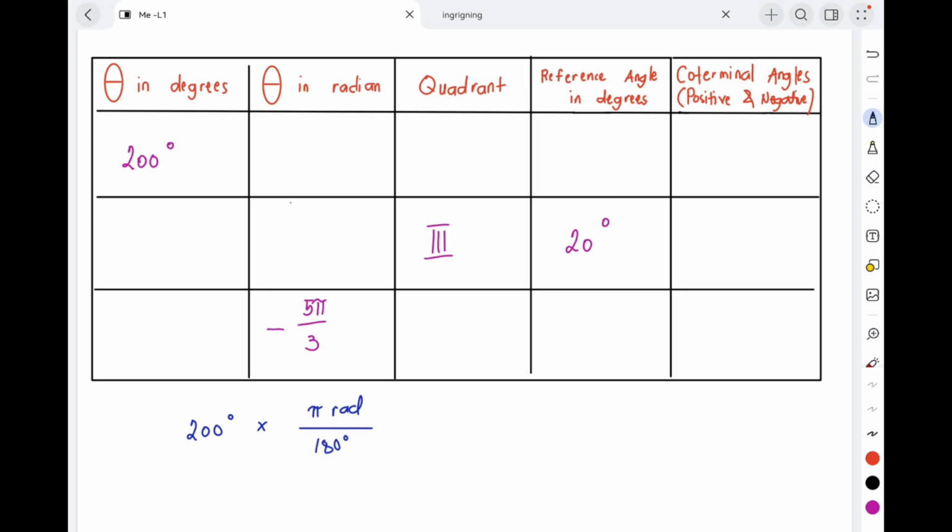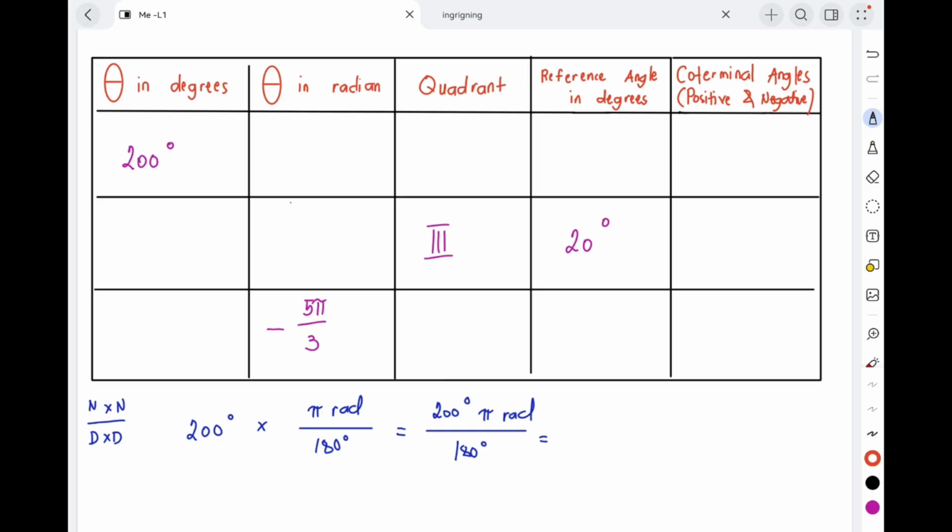And when we multiply fractions, of course, numerator times numerator and denominator times denominator. So 200 degrees times pi rad is 200 degrees pi rad, all over 1 times 180 degrees, so this is 180 degrees.